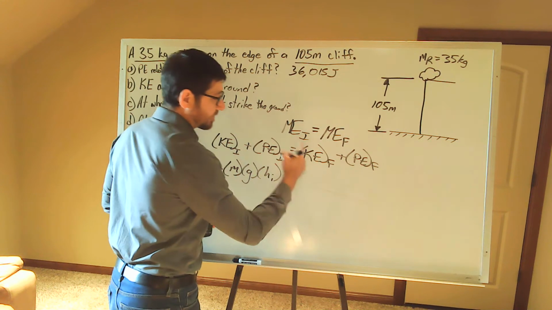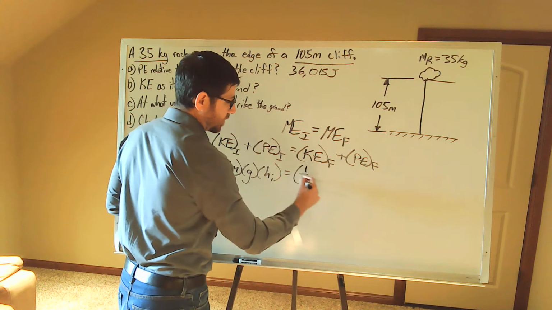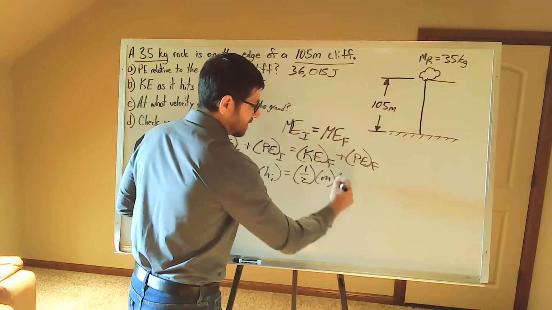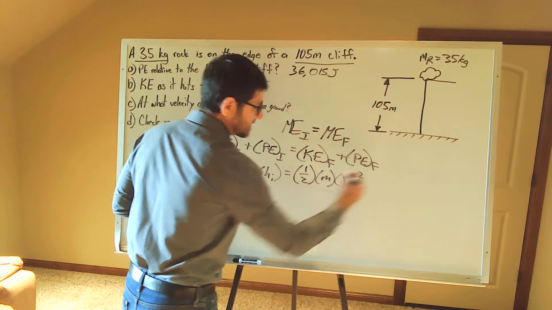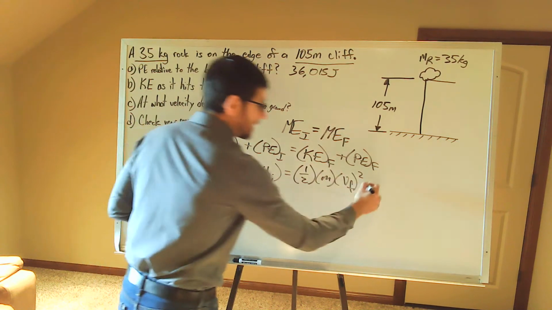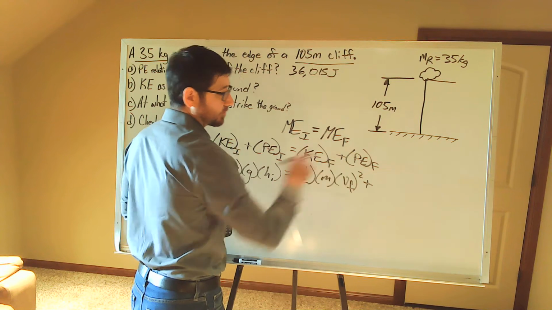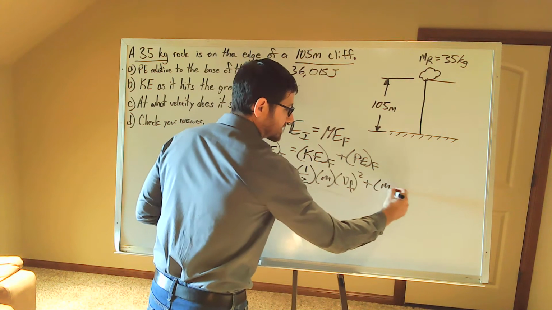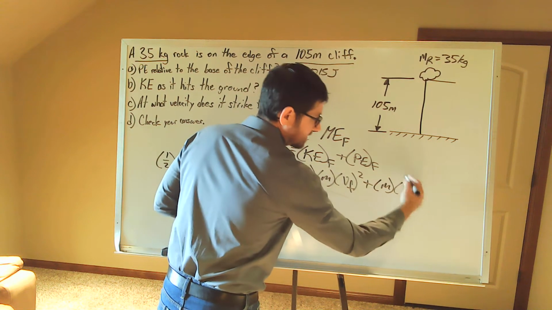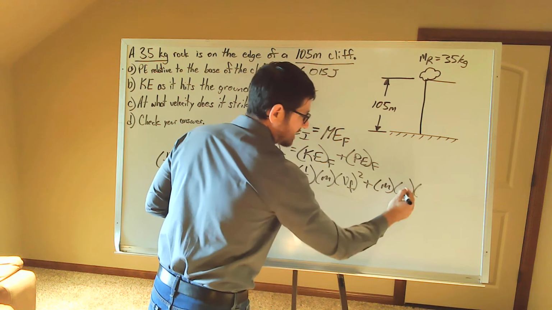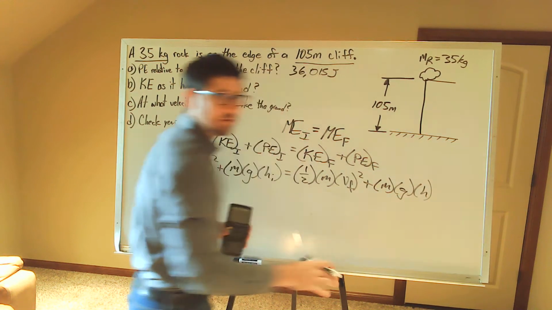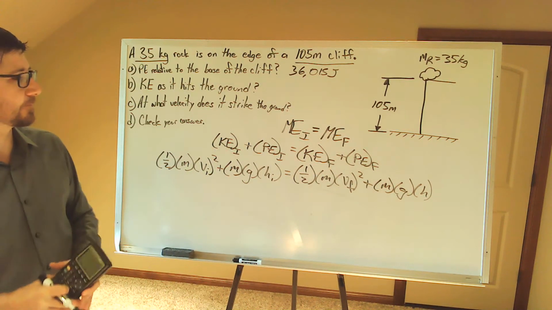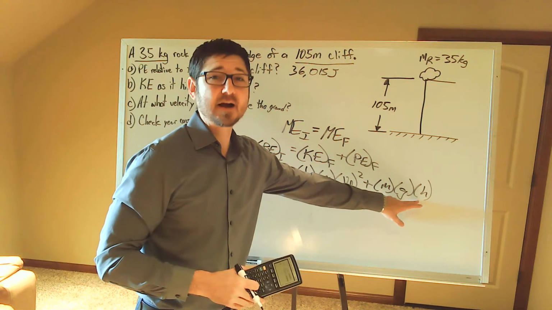This is going to equal the final kinetic energy, 1/2 times the mass, multiplied by the final velocity squared, plus our final gravitational potential energy, so mass times gravity times height. I want to be consistent, so sorry about that. And this is our final height.